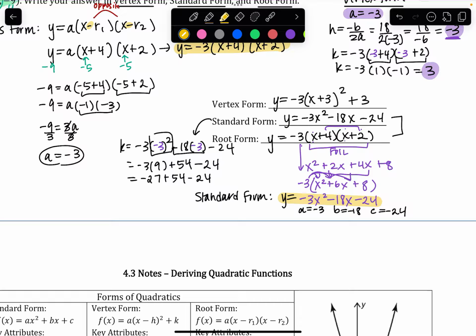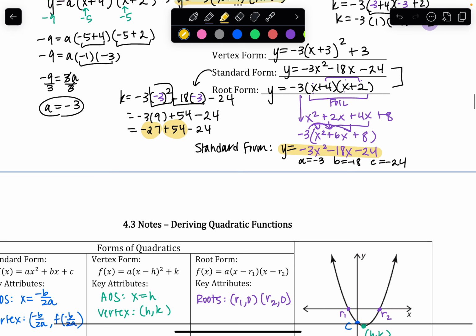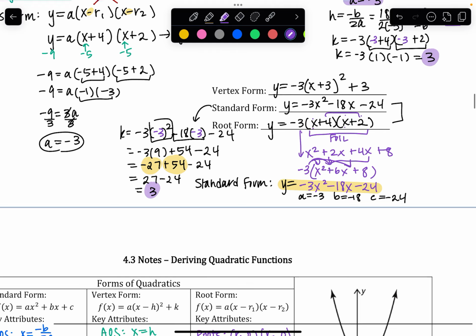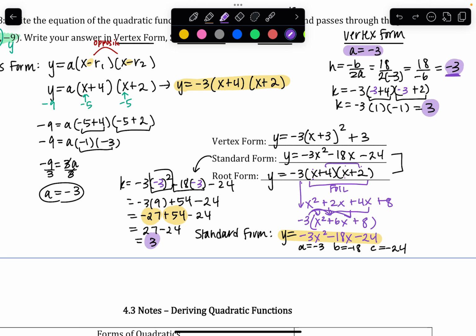And notice, -27 is half of 54 and they're opposite signs. Okay, and so that would leave me with a +27 minus 24, which is 3. And so you're going to get the same answer regardless of whether you plug it into standard form or root form. I think root form just keeps the numbers smaller when you don't have a calculator.